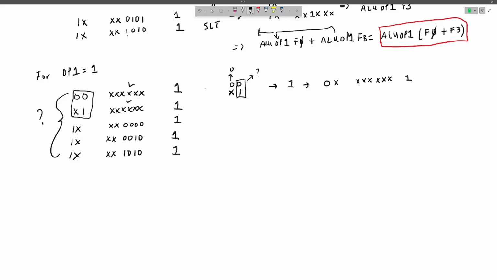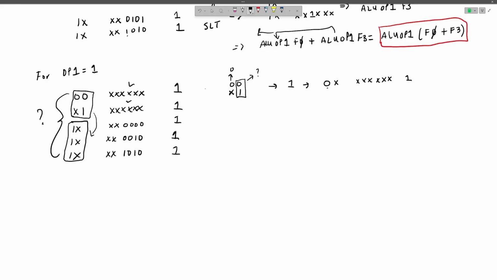Now for the second one, for these ones, we have to see if there's a way that we can combine all of this together. Because this is a 0, we only care if it's a 0. That means anything else we can wrap around to the other following instructions.